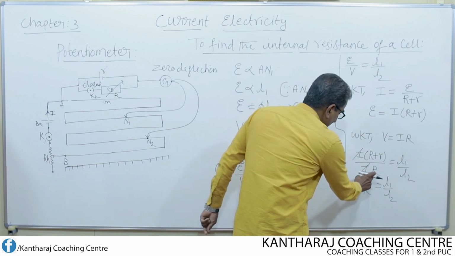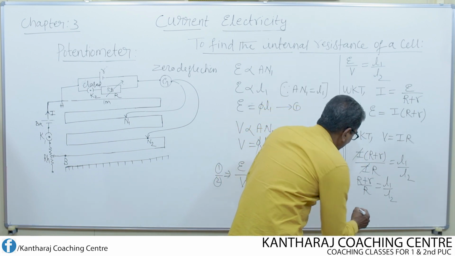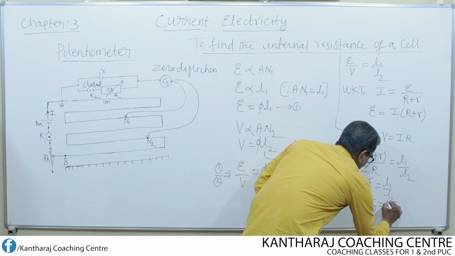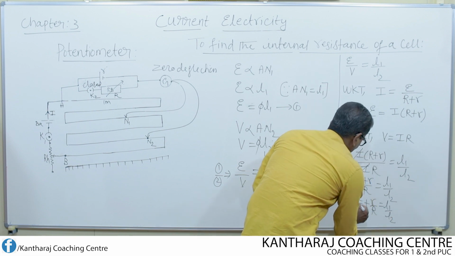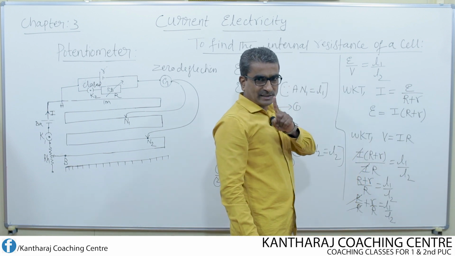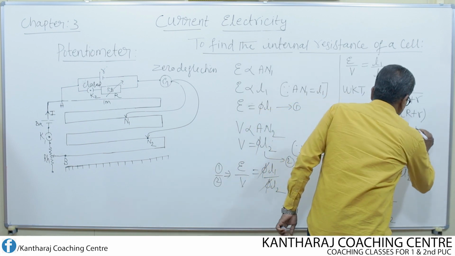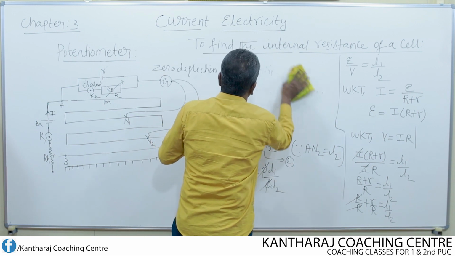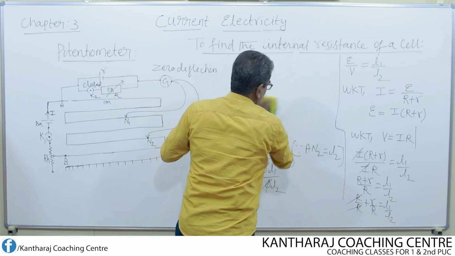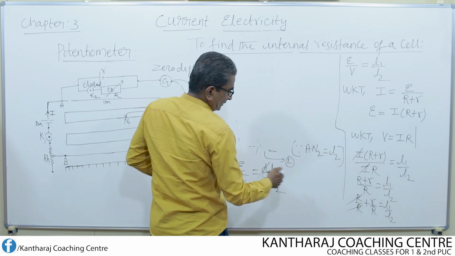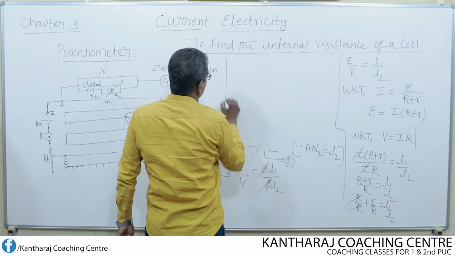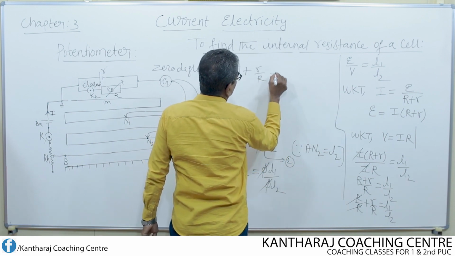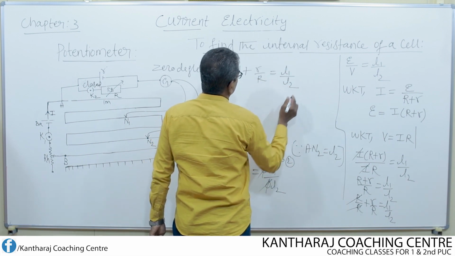Now split it and divide it separately. R by R plus r by R equal to L1 by L2. R and R get cancelled. What is left? 1 is left. So 1 plus small r by capital R is equal to L1 by L2.